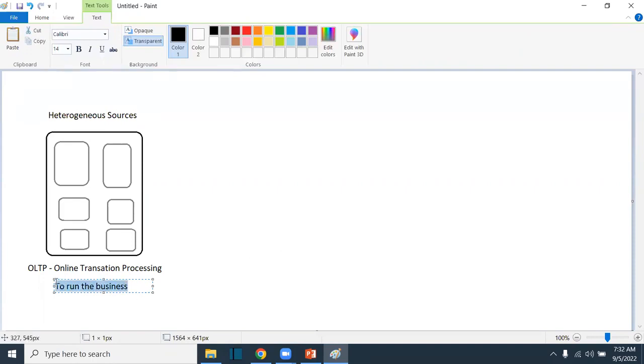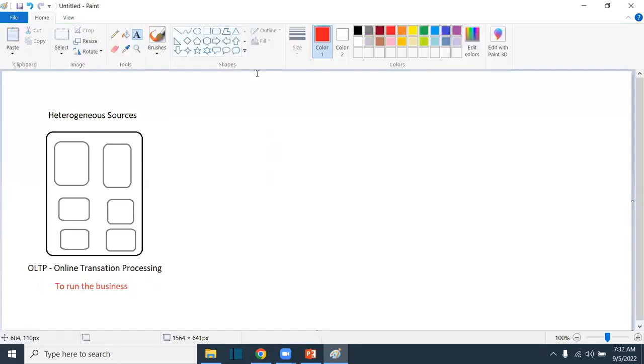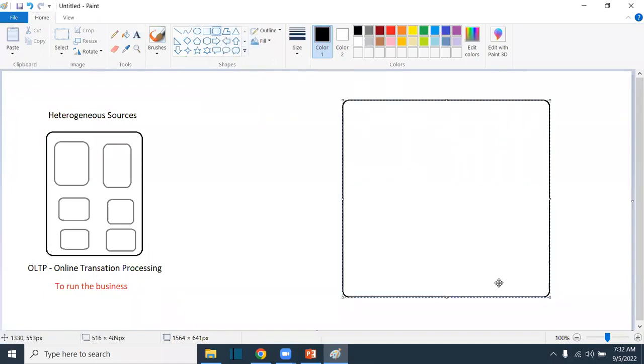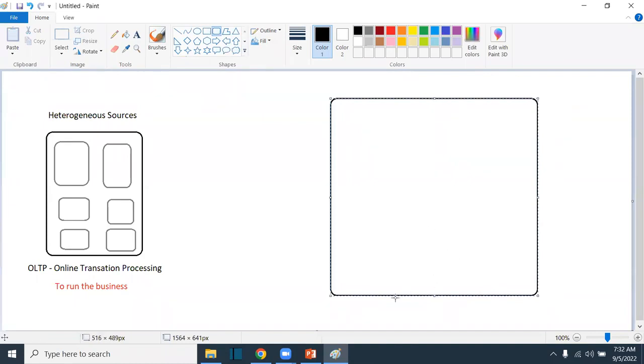So in order to analyze the business, I need to have an OLAP system. If you see here, this is my OLAP system. OLAP means online analytical processing, the analysis I want to do.